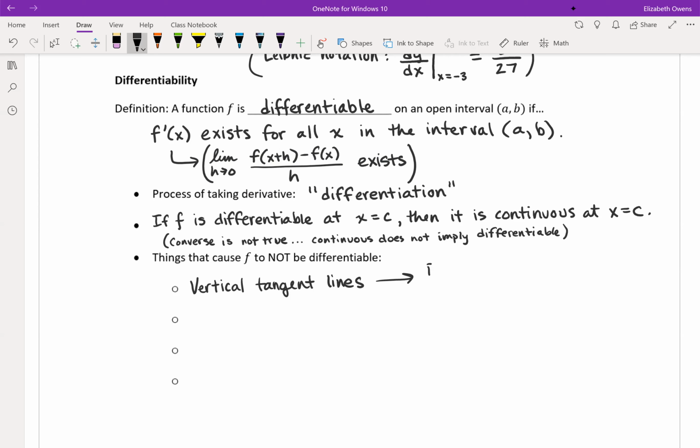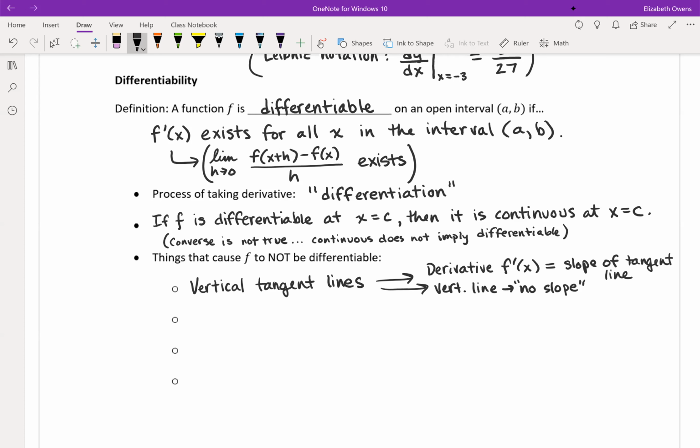So let's note here, the derivative f prime of x equals the slope of a tangent line. And a vertical tangent line, or a vertical line in general, has no slope. The slope is undefined. So no slope, no derivative. Vertical tangent line, not good. The derivative doesn't exist at that point.